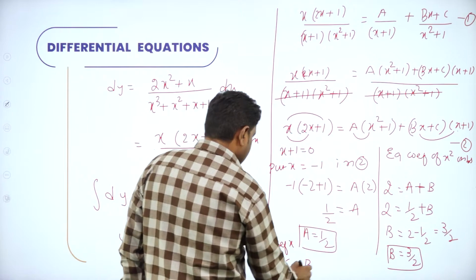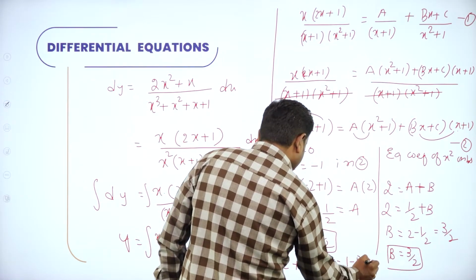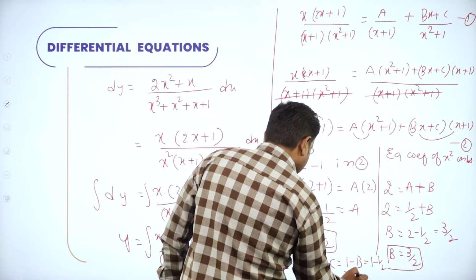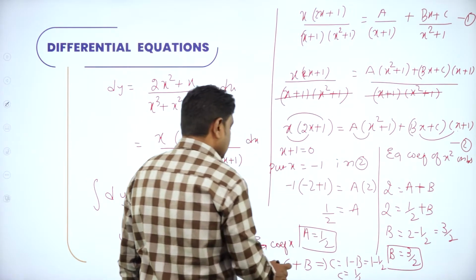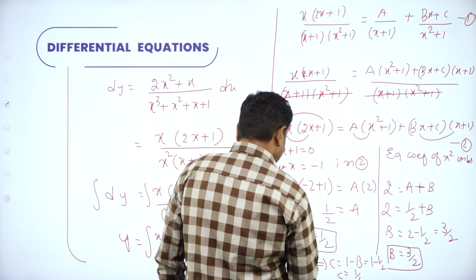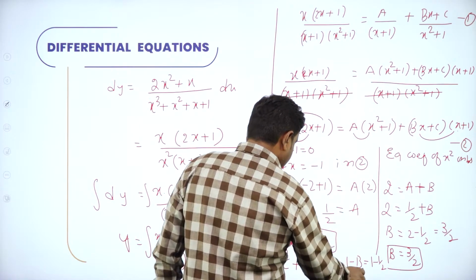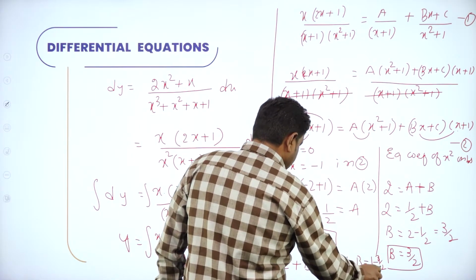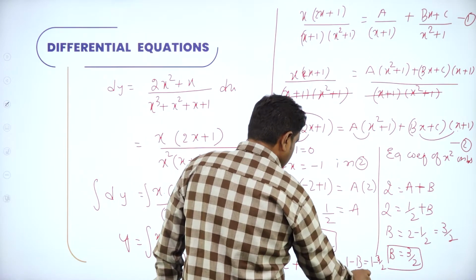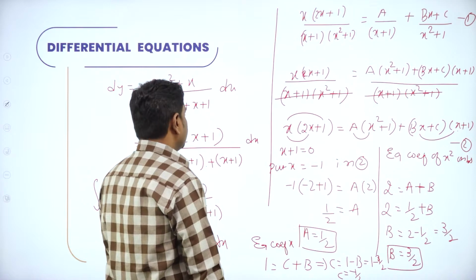B is 3 by 2, so that implies c is 1 minus b. You got a, b, c. A is half, c is 1 minus b, here 1 minus 3 by 2, 2 minus 3 is minus 1 by 2. So 1 by 2, 3 by 2, minus 1 by 2.